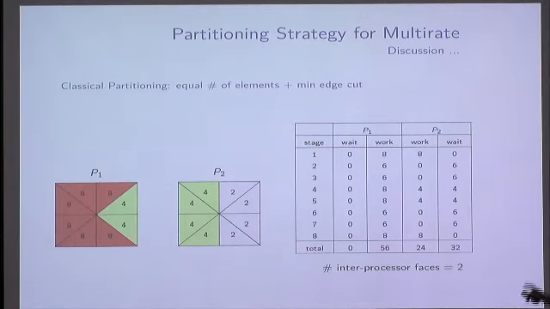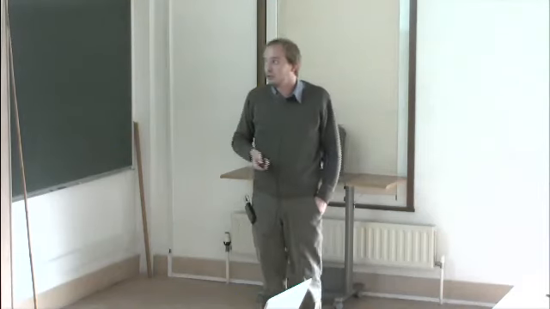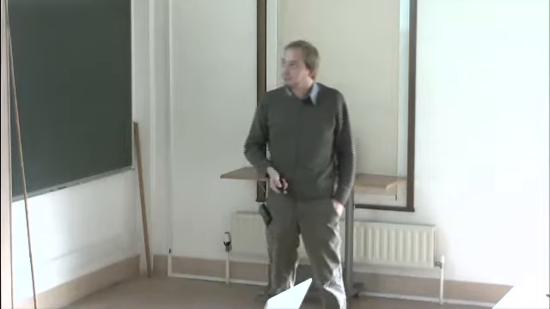And if you count on every stage what you will work and what the other processor will have to wait for synchronization, you see that you are a lot higher, here 56, than the 40 work units without waiting that you should achieve. But you have only 2 interprocessor phases.